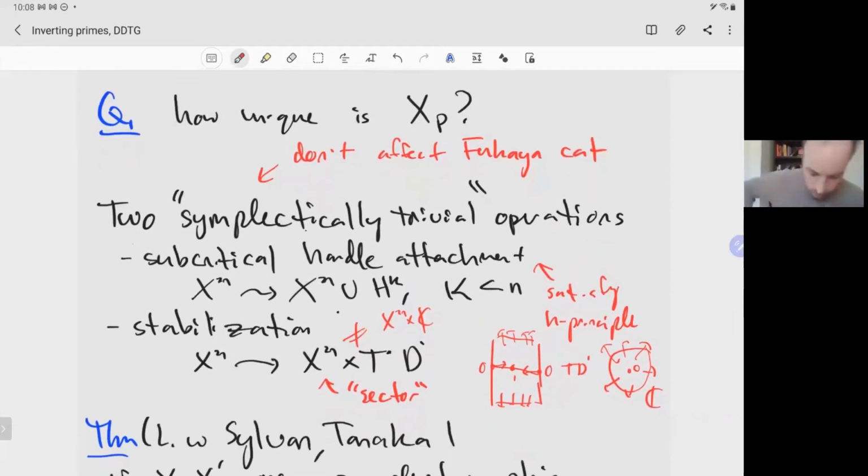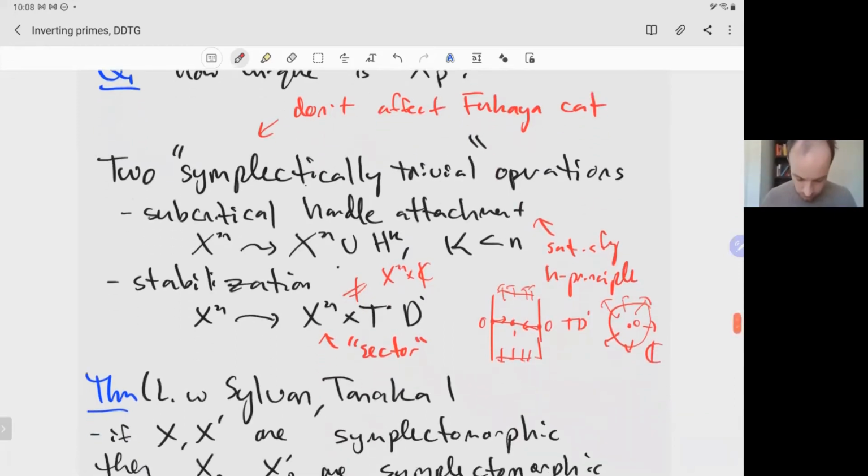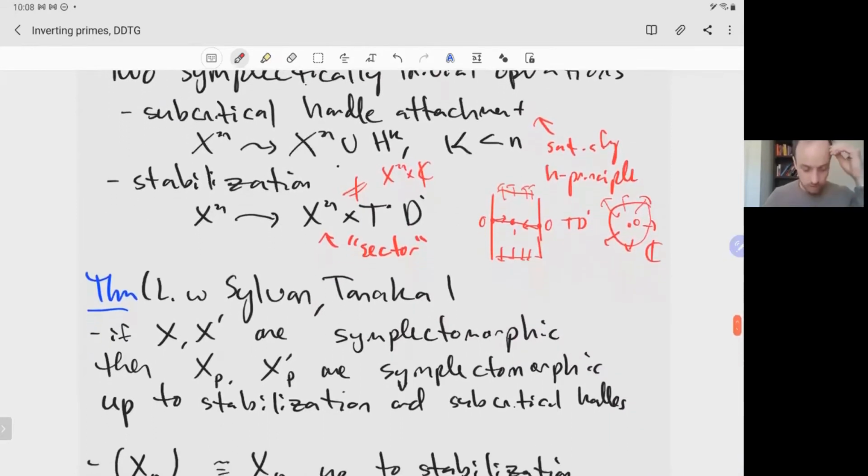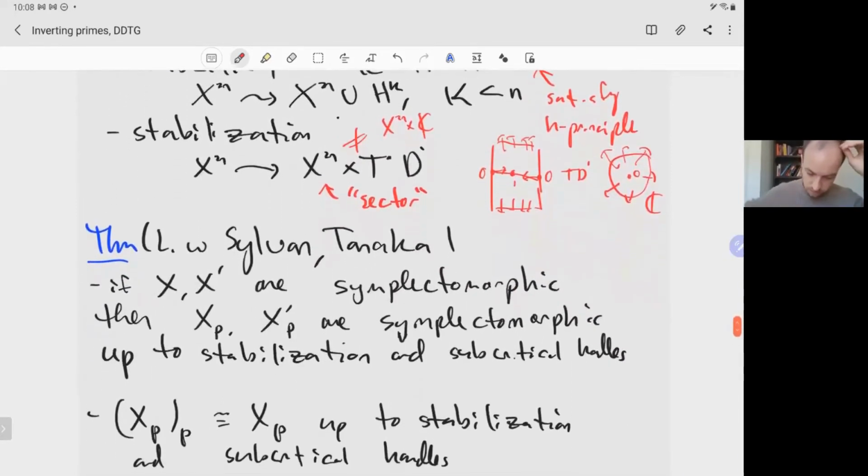Okay, so these are these two operations, and now let me state this theorem with Sylvan and Tanaka, which addresses these properties 2 and 3 that we want from localization. The claim is that if X and X' are symplectomorphic, then pX and pX' are symplectomorphic up to stabilization and subcritical handles.